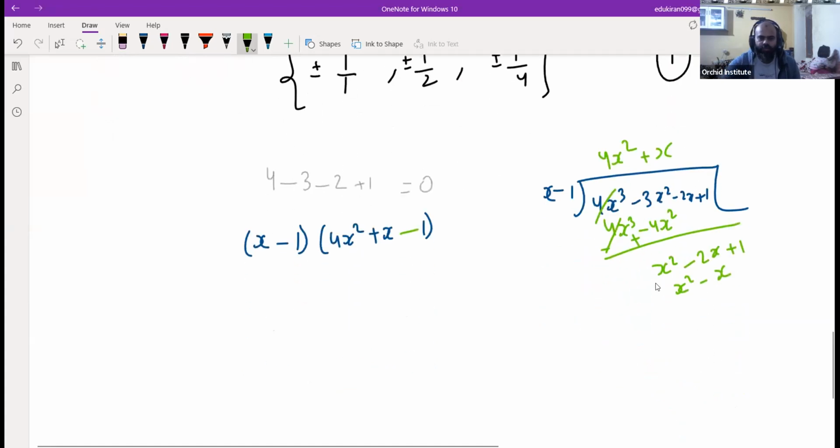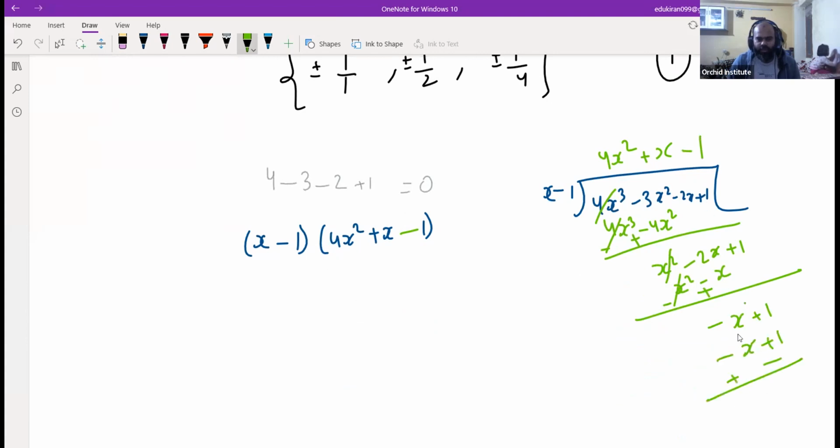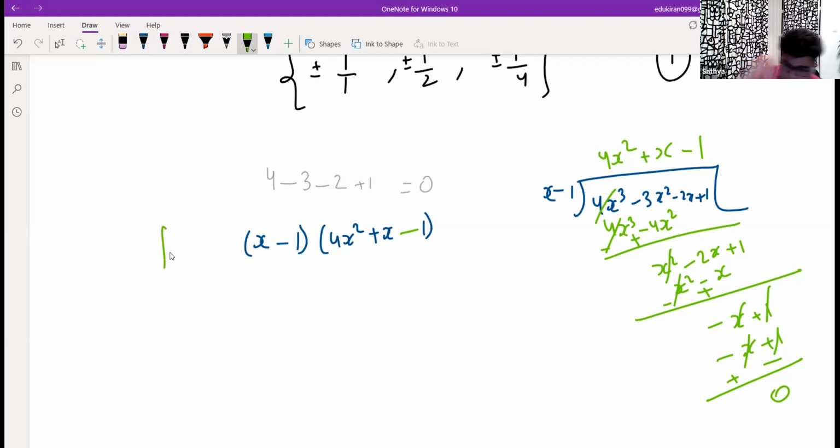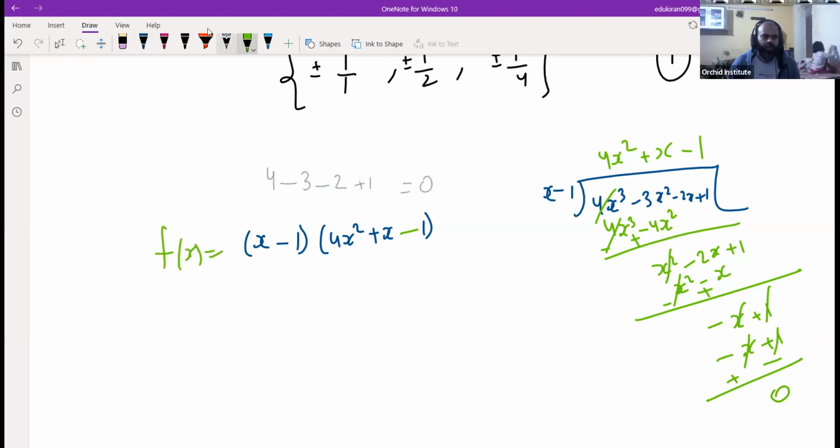Then you subtract, minus x plus 1, so you take minus 1, and the remainder is 0. This is what we are getting. Now this quadratic part, you can do the middle term splitting here. Try doing middle term splitting and get the other two factors.